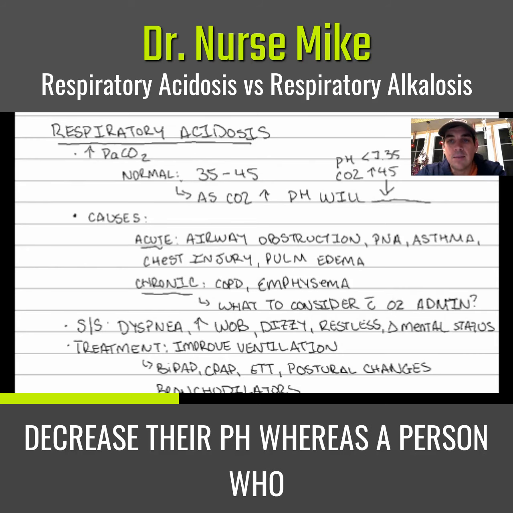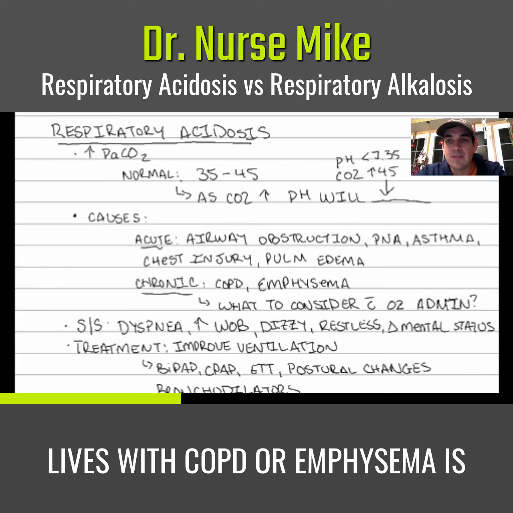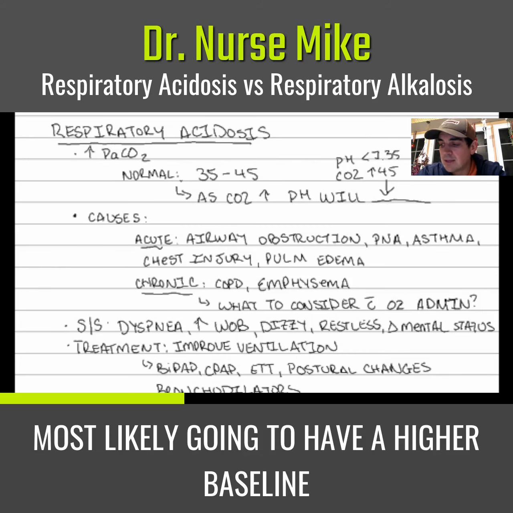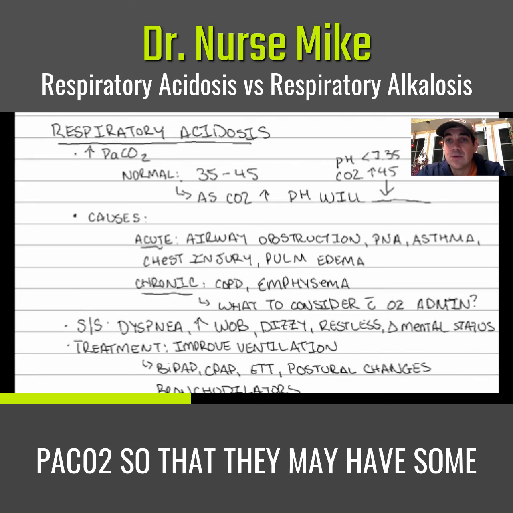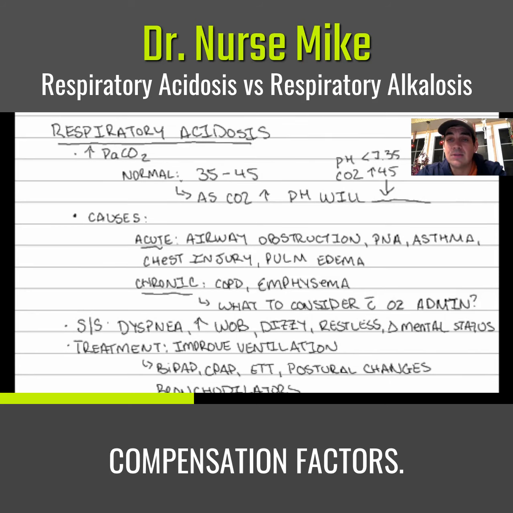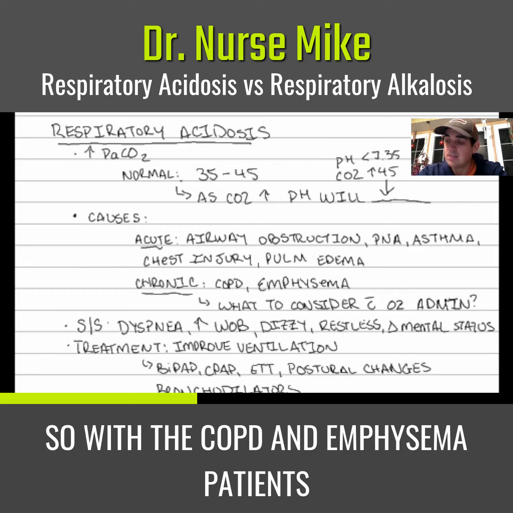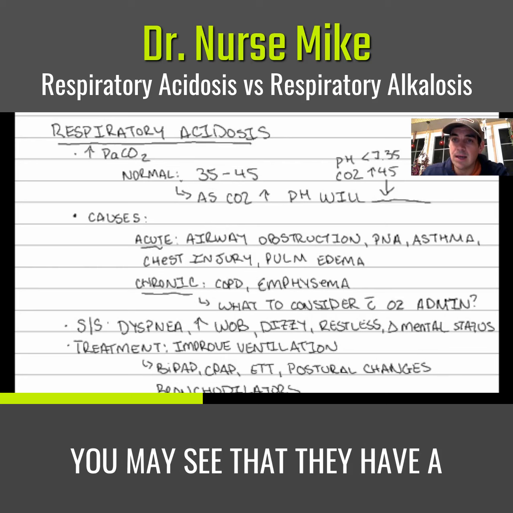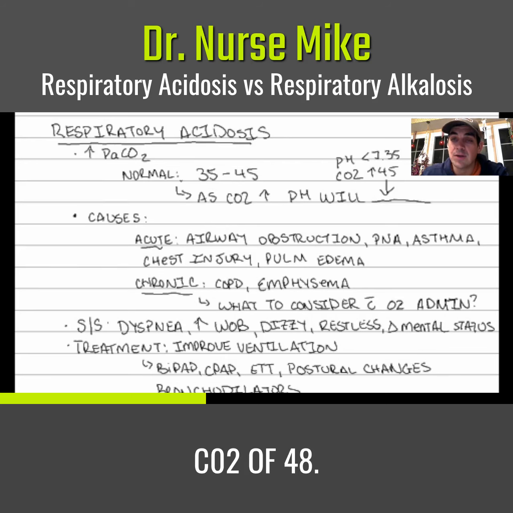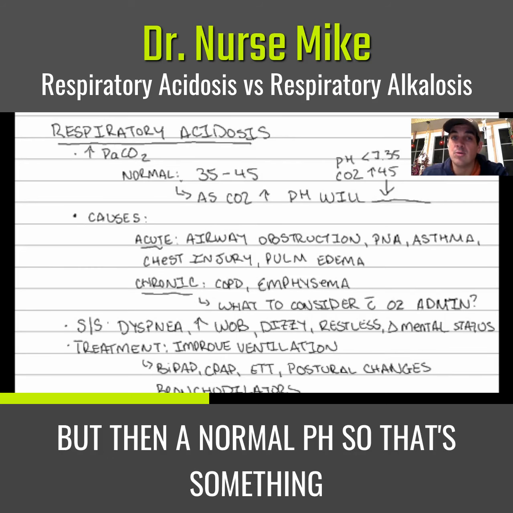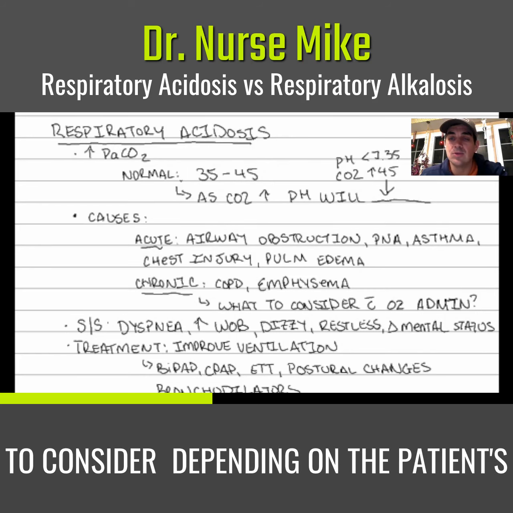Whereas a person who lives with COPD or emphysema is most likely going to have a higher baseline PaCO2, so then they may have some compensation factors. So with these patients, you may see that they have a CO2 of 48, but then a normal pH. So that's something to consider depending on the patient's history.